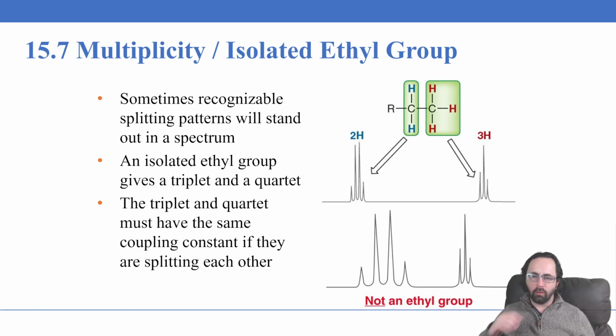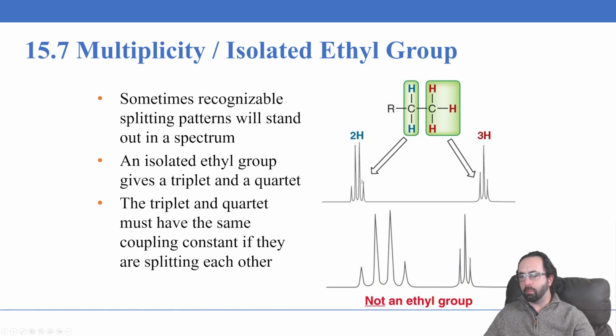So one very obvious splitting pattern is the combination of a quartet and a triplet. When you see a quartet and triplet like this, it's indicating an ethyl group. We have 2 hydrogens here from this quartet with the neighboring 3 hydrogens, and then we have 3 hydrogens here with a neighboring 2 hydrogens. So we get this triplet here.